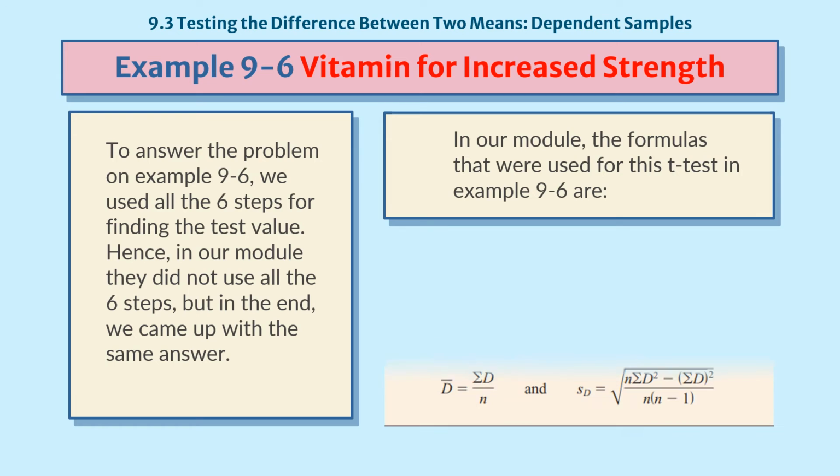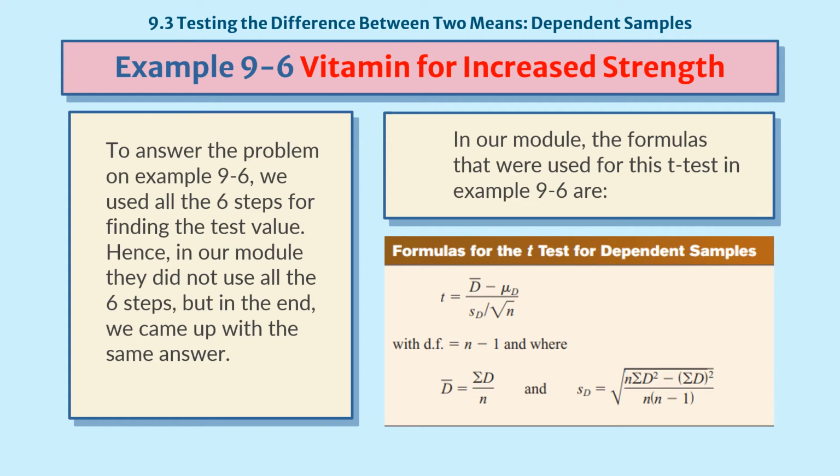We have the formula of t, or the test value, equals d bar, or the mean of the differences, minus mu sub d, over the standard deviation of the differences over the square root of n, with degrees of freedom n minus 1, where d bar is the summation of d over n, and the standard deviation of the differences. We have this formula.